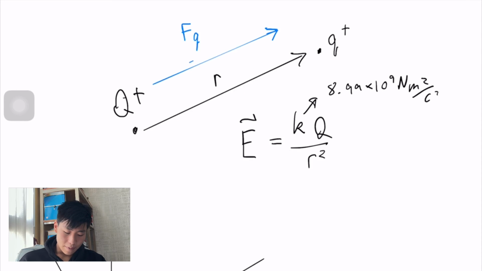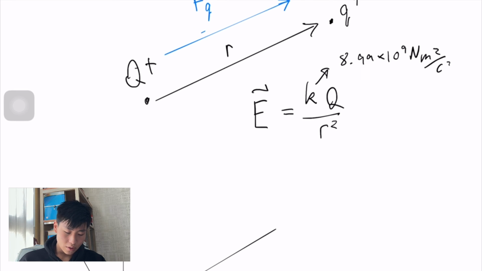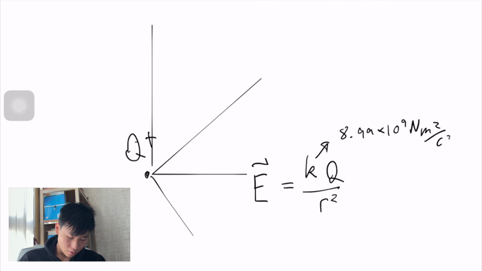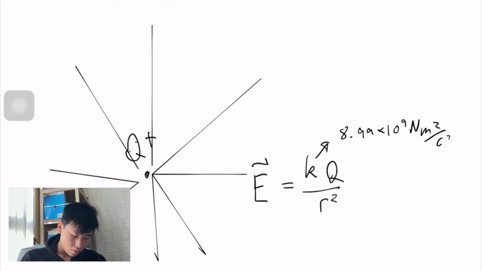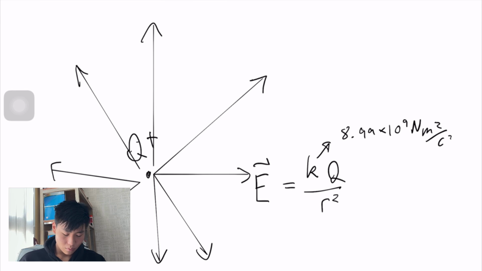And for this one, it's a positive charge, so the direction of the E field is going to be outwards from the charge. It's going to be outward, right?